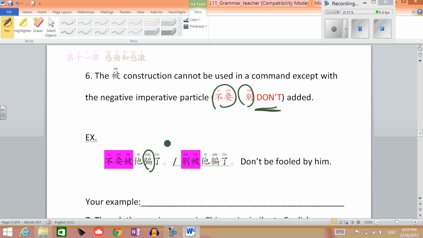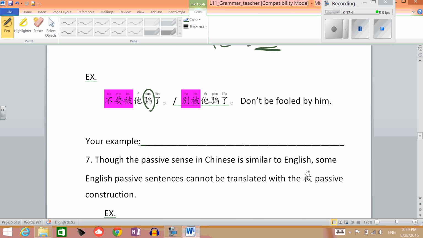Don't be fooled by him. 不要被他骗了，别被他骗了。Okay. Give me an example. Start with 不要被 or 别被. Either one.